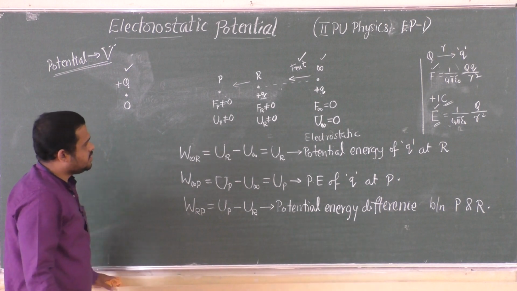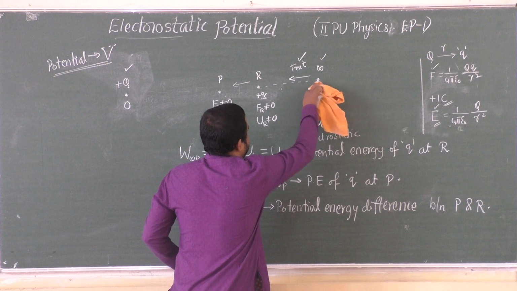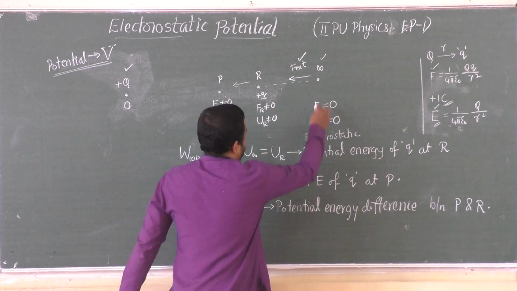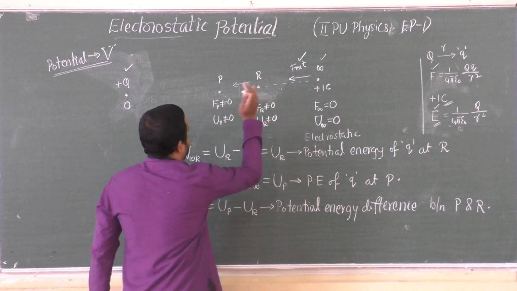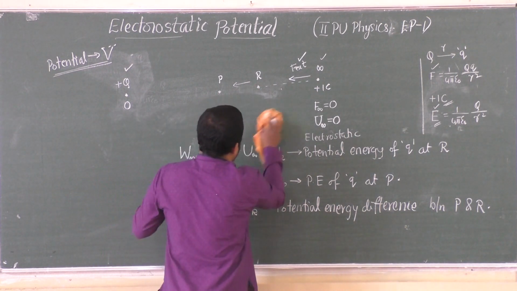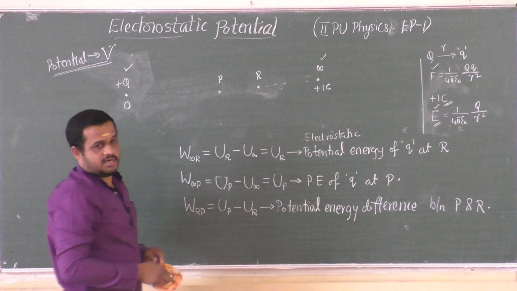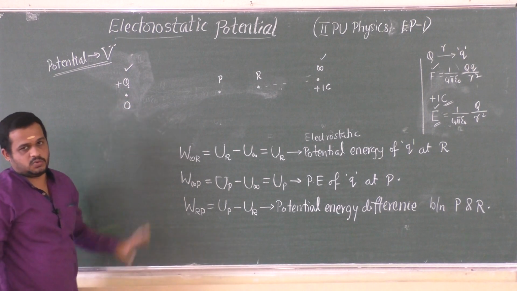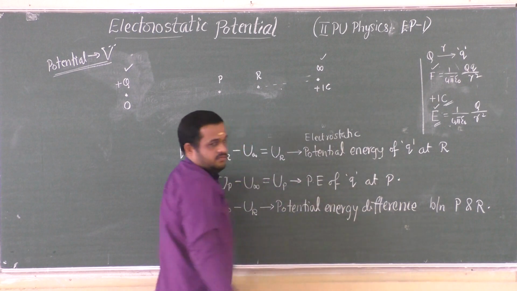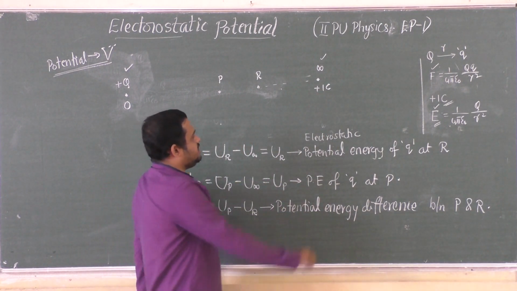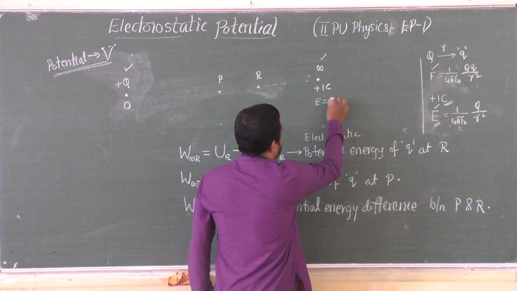Now I'll make a small change here. Instead of considering positive charge plus q, I'll take a unit positive charge here. Unit positive charge at infinity. The source charge is the same, that is plus q only. Now when a unit positive charge is considered at infinity, the electrostatic force experienced by this charge, which is now the electric field, is equal to 0 at infinity.